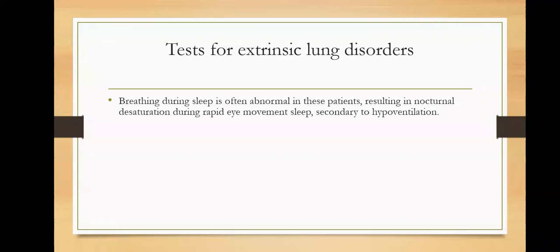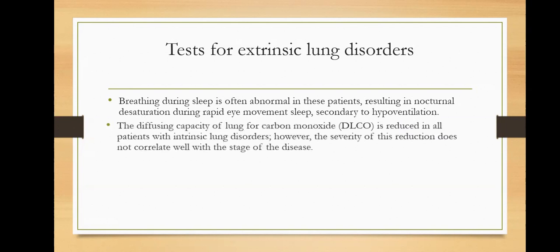So by this factor, the activity of the respiratory center decreases, and so the respiratory rate decreases. But in these patients specifically, patients with extrinsic lung disorders, breathing during sleep becomes abnormal, resulting in nocturnal desaturation during rapid eye movement sleep, secondary to hypoventilation.